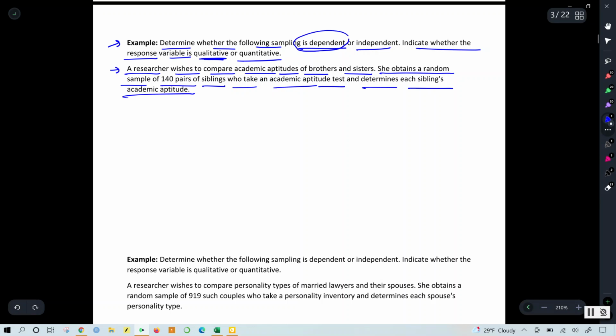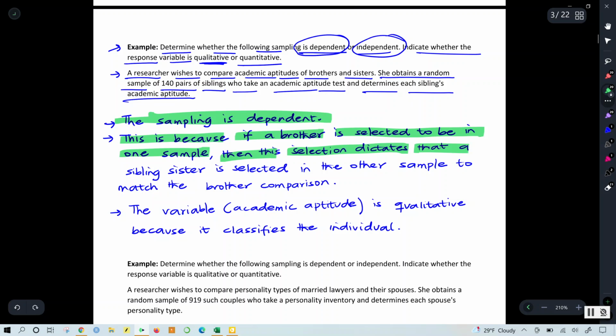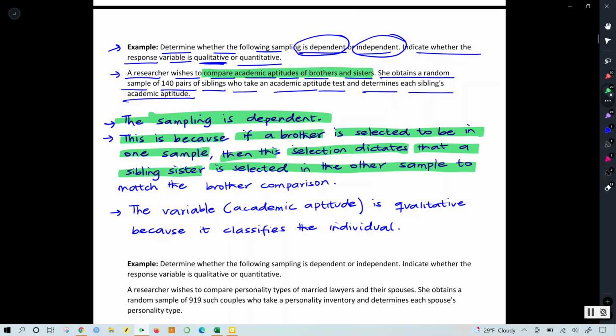Do you think this sampling is dependent or independent? For me, here is what I think. I believe first that the sampling is dependent. Why? This is because if a brother is selected to be in one sample, then this selection automatically dictates that we have to select a sibling sister to be in the other sample in order to be able to compare the academic aptitudes of brothers and sisters.